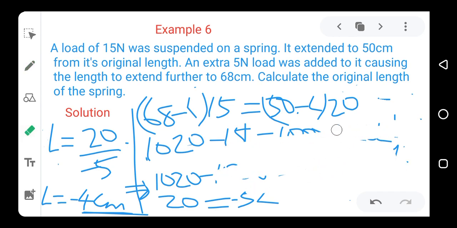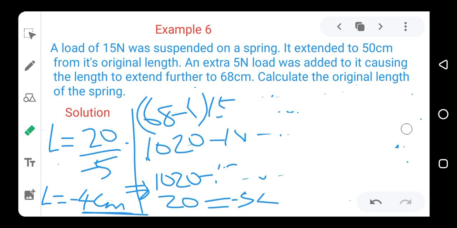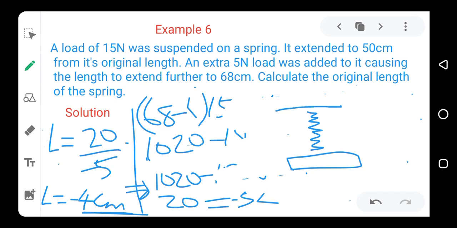Remember that a spring is something like, maybe you have this as a spring here. So we could place a force here, bringing a compression on it, or it could be that if we turn this to this side and we hang a force on it, it will bring an extension or expansion of the wire.